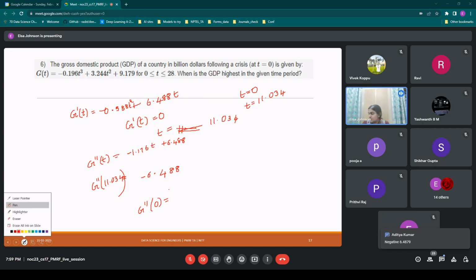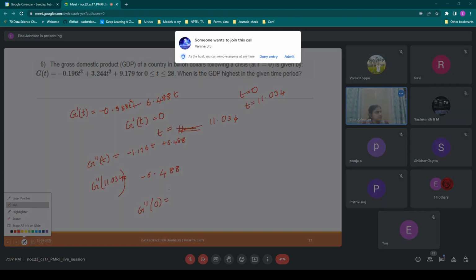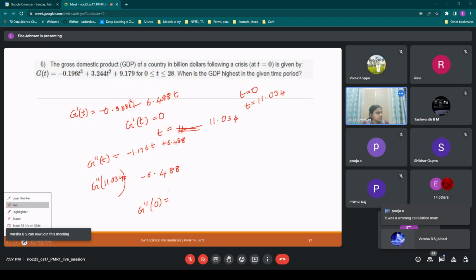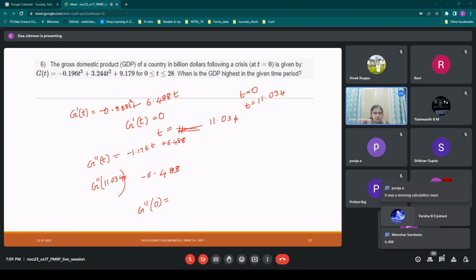G double dash of 0 is negative. Okay, Pooja. So this one, 11.03, was coming like minus 6.488, and g double dash of 0 is coming like 6.488. Yeah, that is fine.